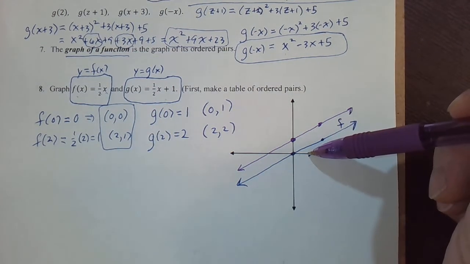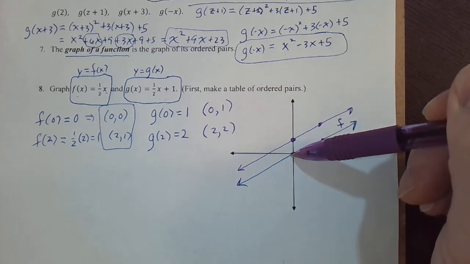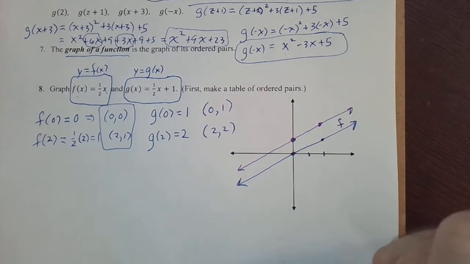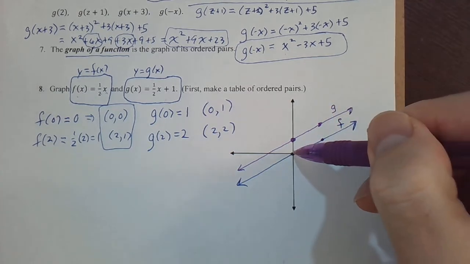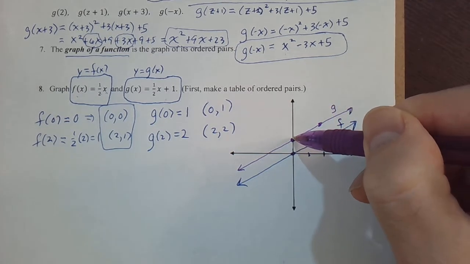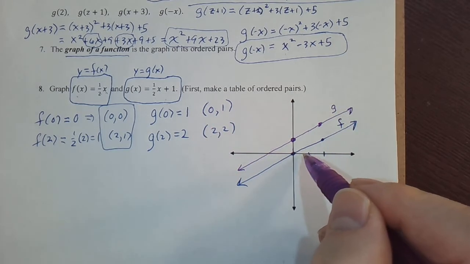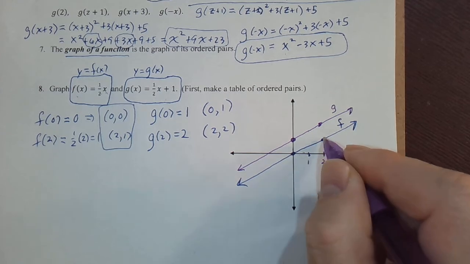I refer to it as the distance from the x-axis to the graph, just like that. The height of this function g at x equals 0 is 1. 0, 1. The height of the function g at x equals 2 is 2. 2, 2.